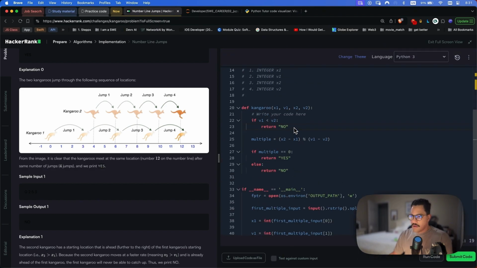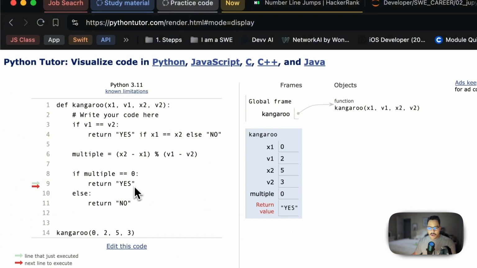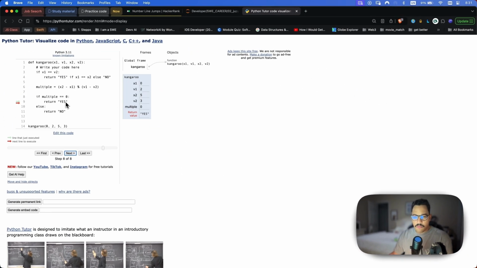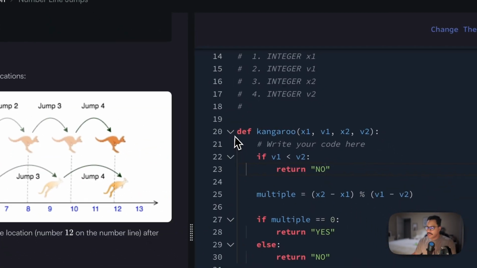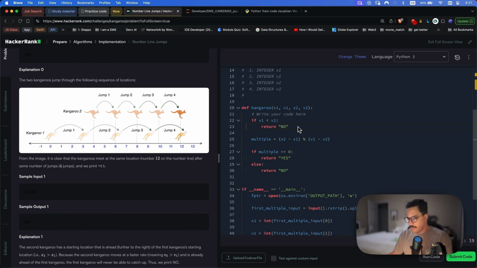So what I was thinking is, I'm bypassing a lot of conditions with this, but I'm also assuming down here that the velocity of one kangaroo is always going to be different.